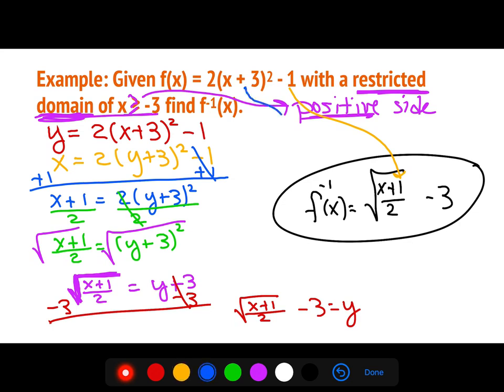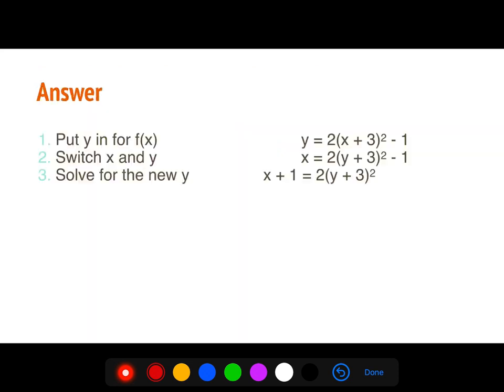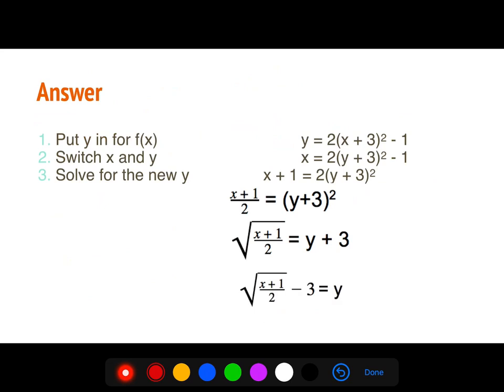That minus 1 became a plus 1. The plus 3 became a minus 3. The multiply by 2 became a divide by 2. And lastly, that squared became a square root. Pretty cool concepts.